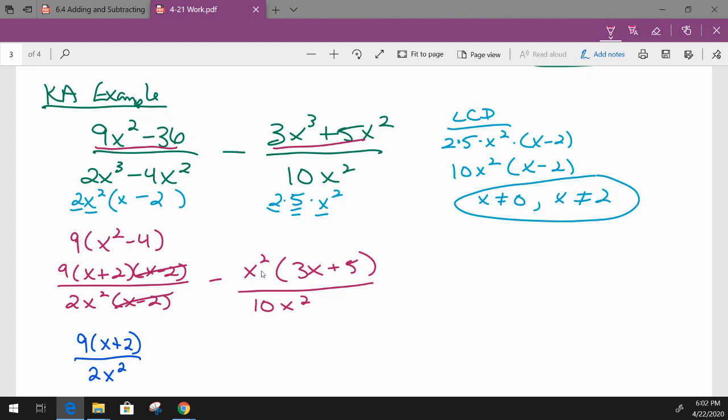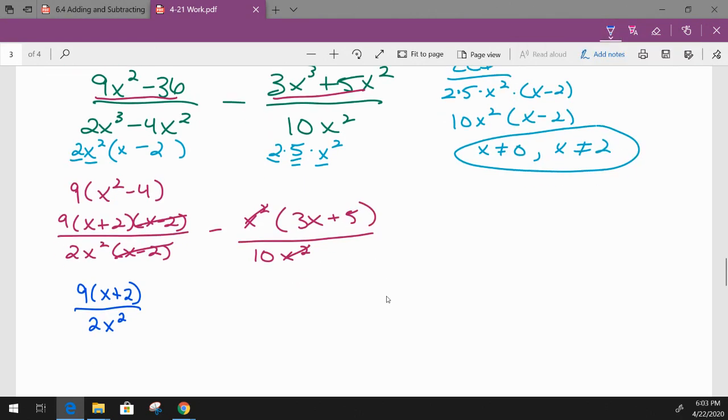So now that I've factored out this x squared, I have an x squared in my numerator and in my denominator, which can be reduced, making this fraction a little bit easier to work with, minus parentheses 3x plus 5 over 10. So now my denominators are just 2x squared and 10.